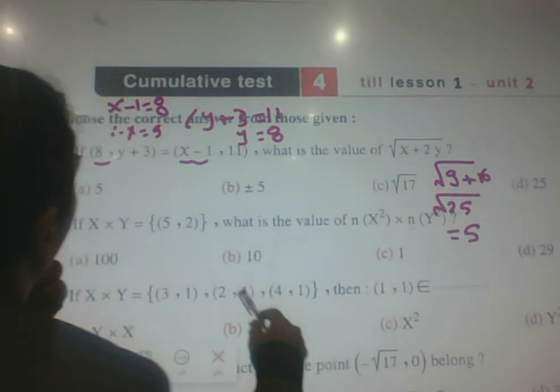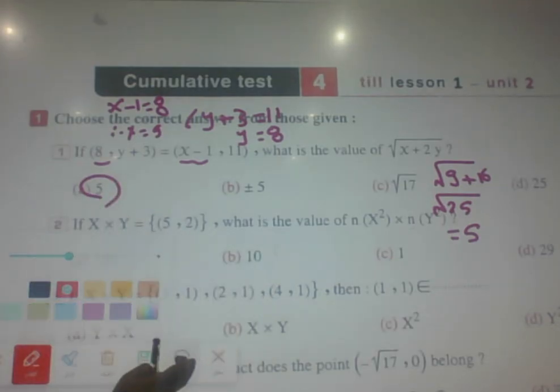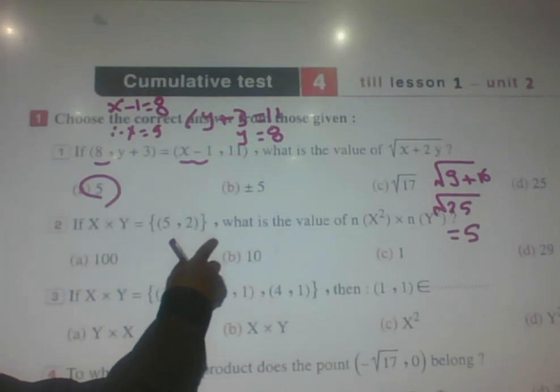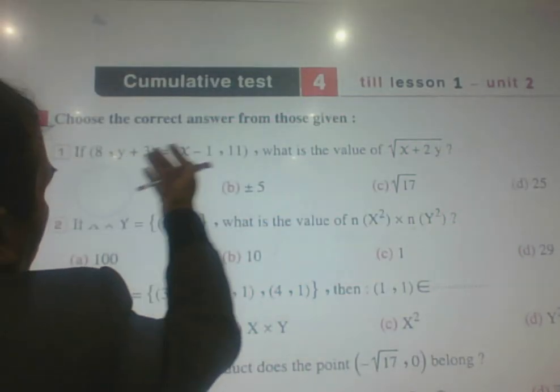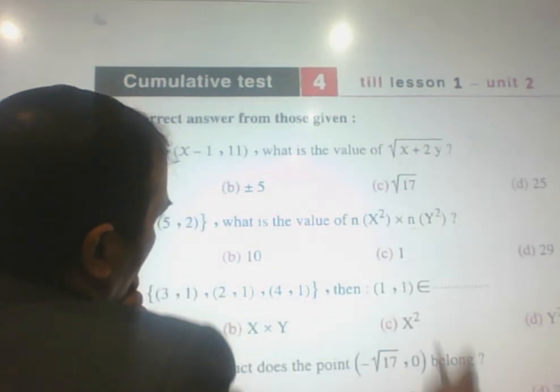Choose the answer letter A. Okay, next question down. If x Cartesian product y equals the set of (5, 2), what is the value of the number of elements in x squared and the number of elements in y squared?